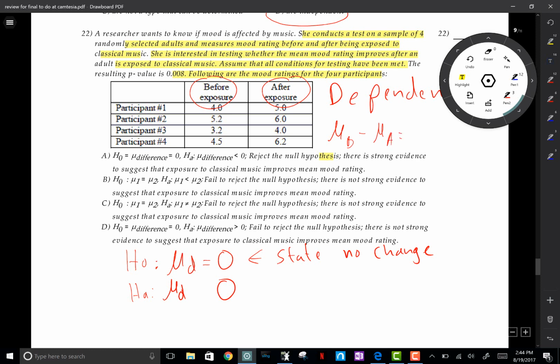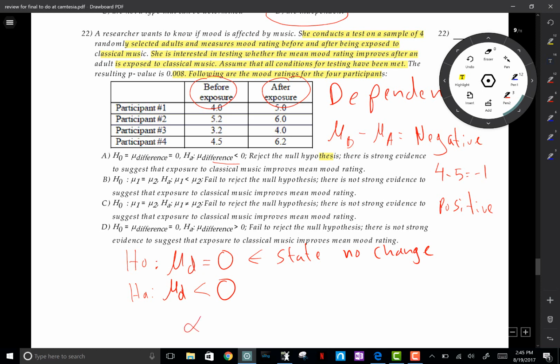And so a negative will mean that they actually did improve, because if you look at the first one, you do 4 minus 5 and you get -1. So their mood actually improved, and a positive will mean that their mood actually went down. Alright, so that means we want to use A, and then you want to look at the p-value.